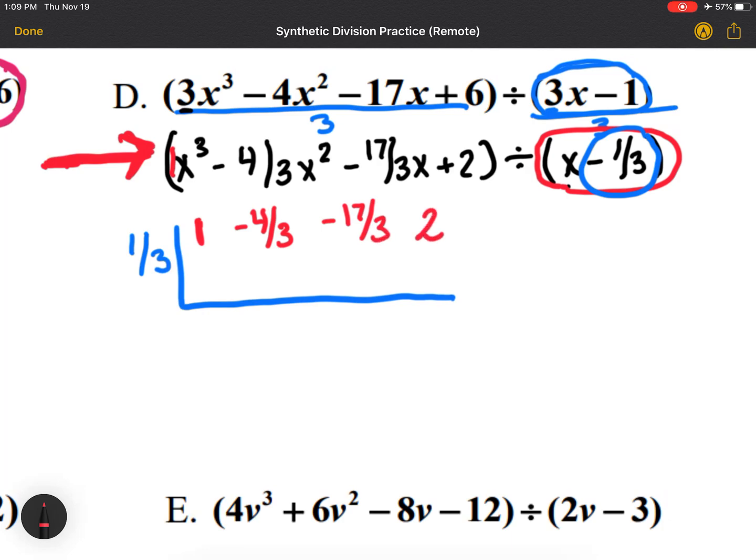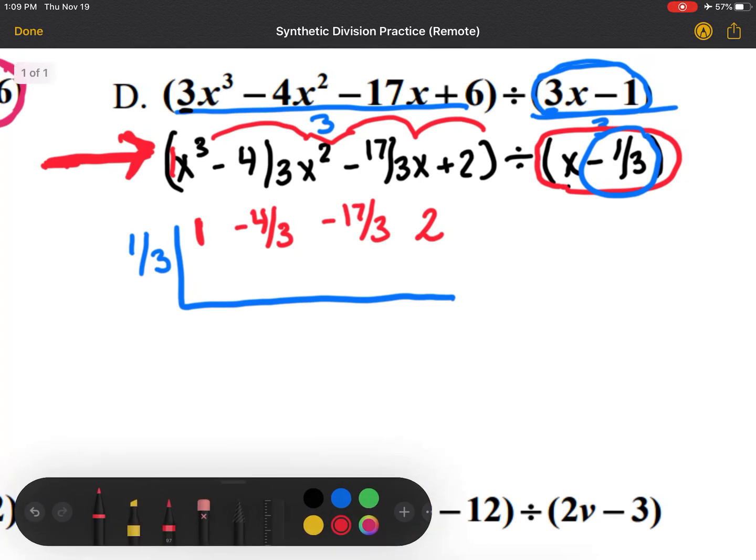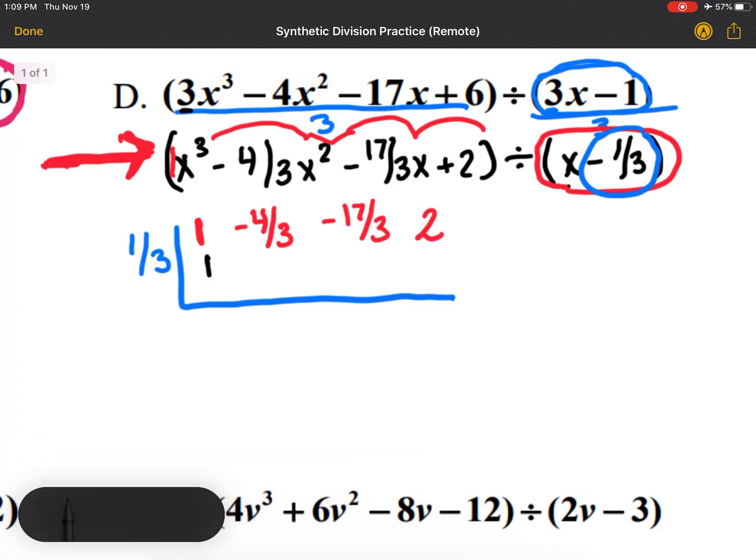Notice that my exponents all go in descending order again, right? So it goes 3, 2, 1, 0. They go from biggest to smallest, or descending. And I'm not missing any, so I don't need any big smiley face placeholders, okay? When you miss exponents, that's when you need that 0, or the smiley face placeholder, okay? So now I'm ready to do my synthetic division.